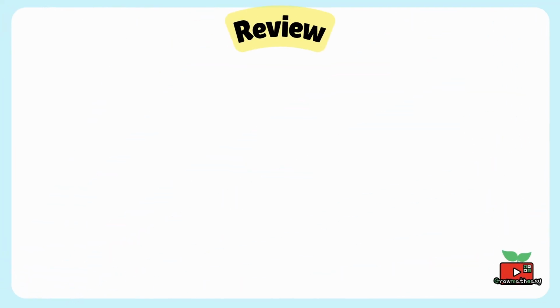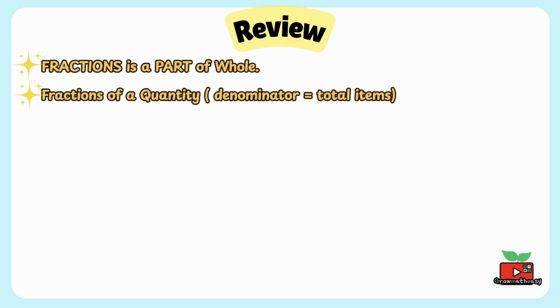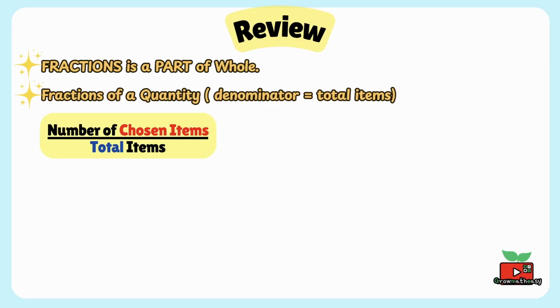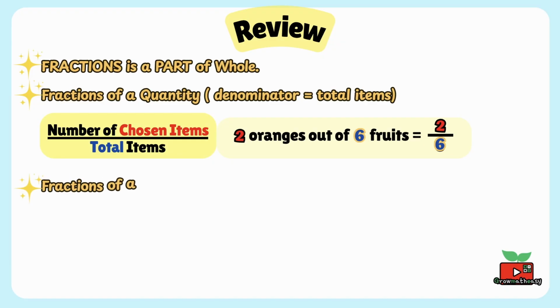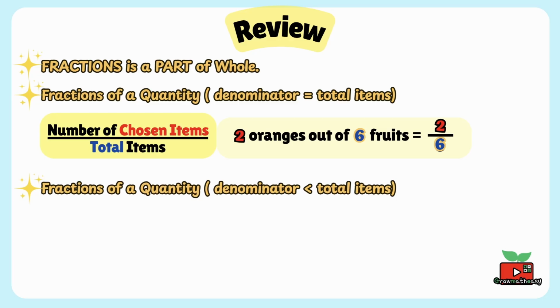Let's review what we learned today. First, we learned that fractions are parts of a whole. When the denominator equals the total number of items, we just count the chosen items and the total. For example, 2 oranges out of 6 fruits is 2/6. When the denominator is less than the total number of items, we use our quick hack.